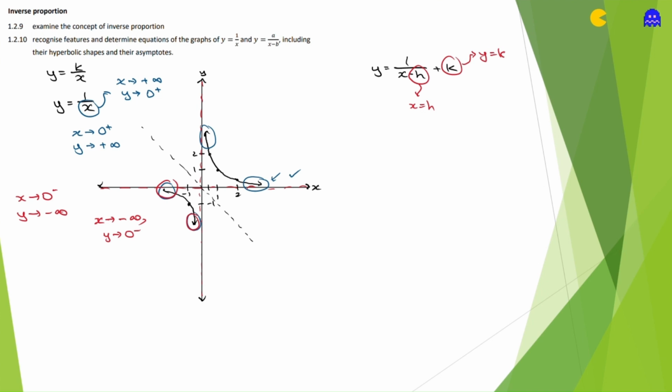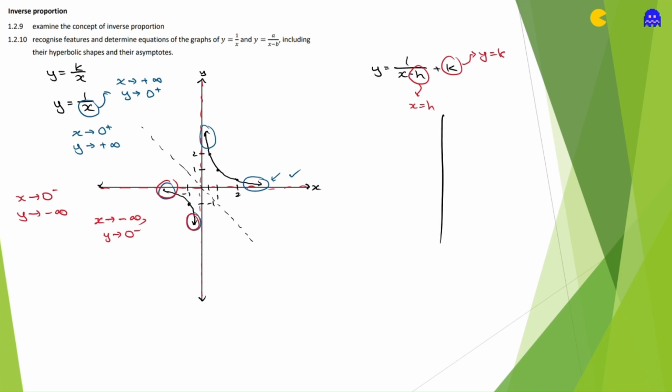And if we break down what this equation looks like, we can see that if x equals h, then h minus h is 0, which is undefined. And similarly, as x tends towards positive or negative infinity, this will regardless tend towards a really, really large number or a really, really negative number. And so as a result, this will tend towards 0, leaving us with y approaching k from either the positive or negative side.